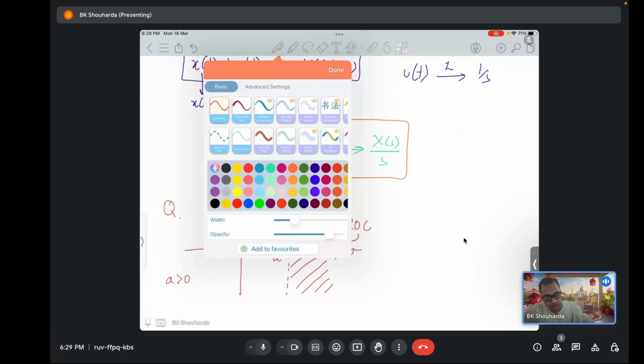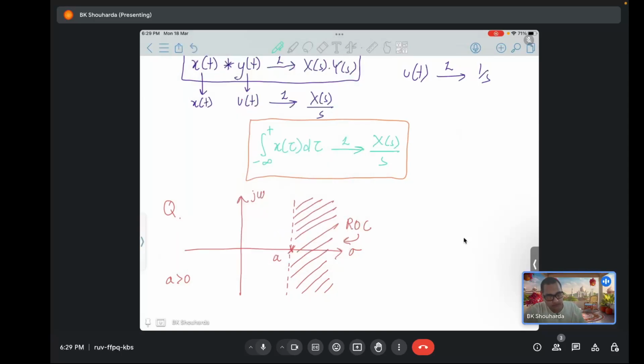Let's look at the nature of the signal one by one. The signal points to the right side of A. This is the right and this is the left. We see that it's towards the right side. So right sided implies that the system is causal. And does the ROC intersect the j omega axis?